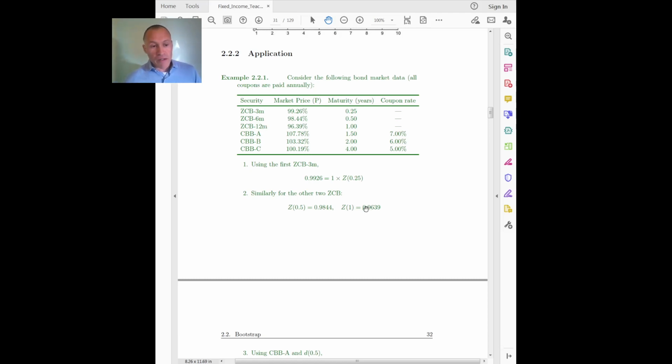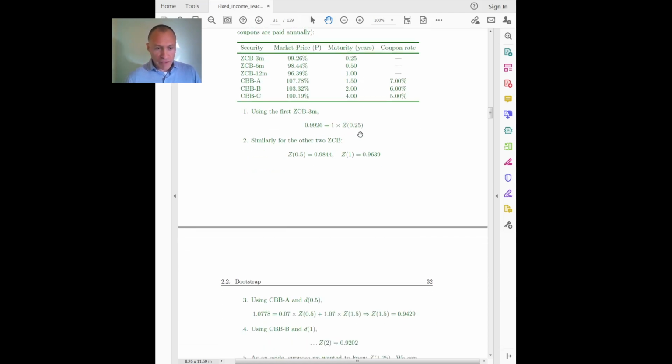The difficulty now comes when we go to the coupon bond. The first one has a maturity of 1.5 years, meaning that we have 2 payments ahead of us, one at 1.5 and the other one at 0.5. The price of the bond, the market price, has to equal the present value of future cash flows. The first cash flow is 0.7.